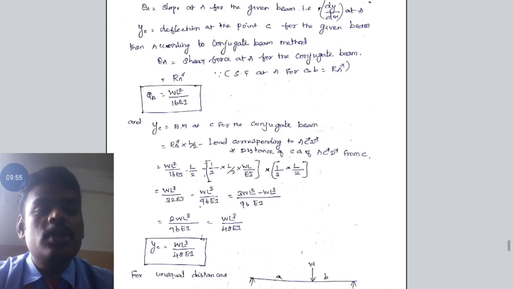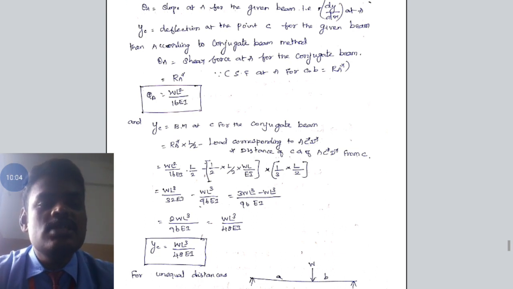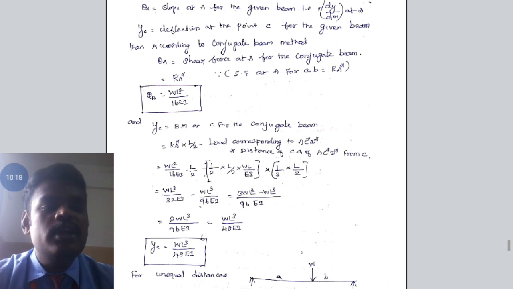RA star value is WL square divided by 16 EI into the distance L by 2, minus the load corresponding to A C star D star, which is half into breadth into height. Here I am substituting half into breadth L by 2 into height WL divided by EI into the distance of the center of gravity from A C star D star, which is 1/3 of the total distance.